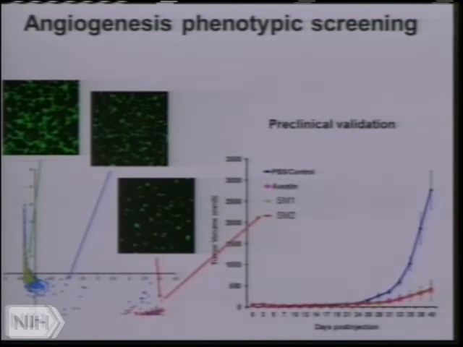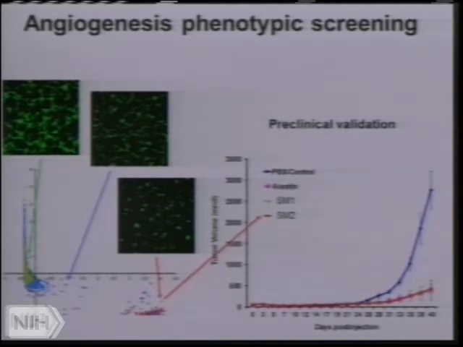So we went ahead and tested these compounds in preclinical models. In this particular experiment, we were testing two of these compounds. This is the growth of the normal tumor, and this is the growth down here of two of these compounds compared with Avastin, the anti-VEGF monoclonal antibody we've already talked about.